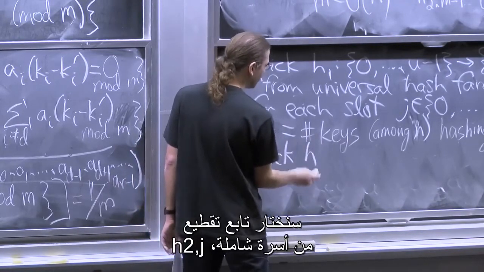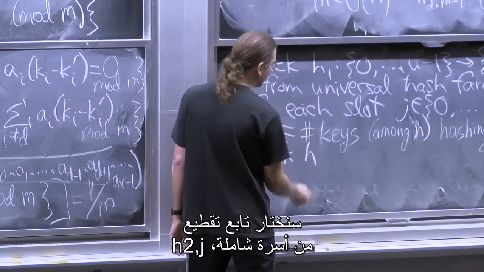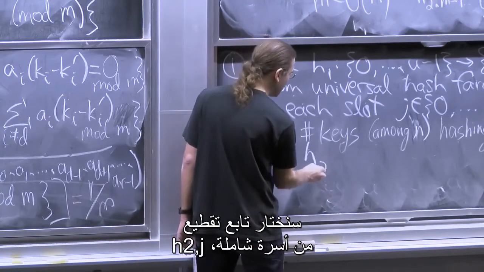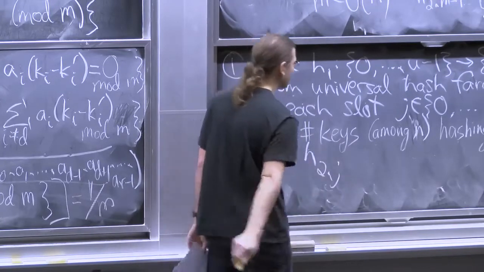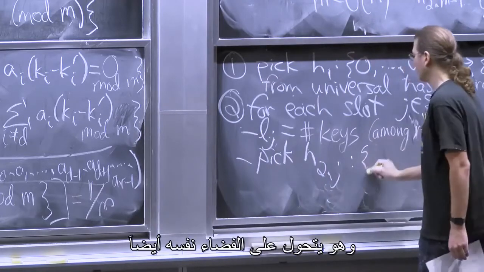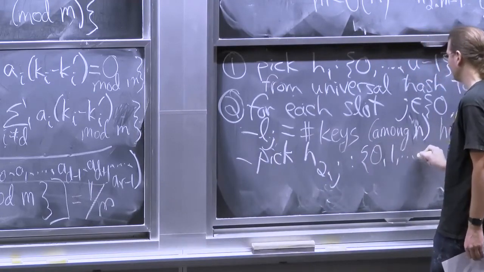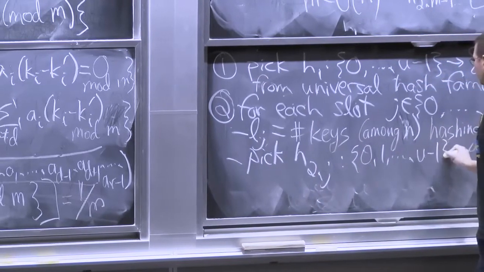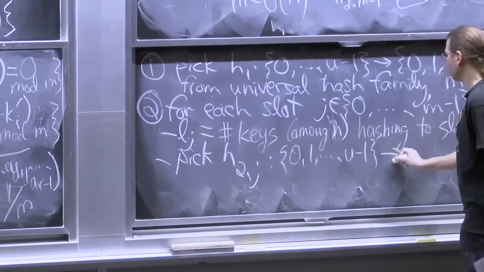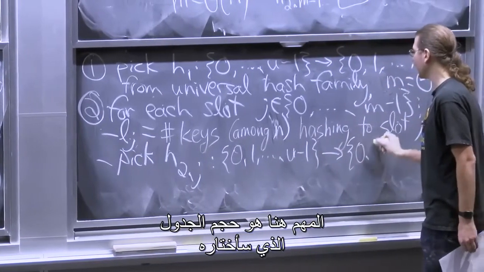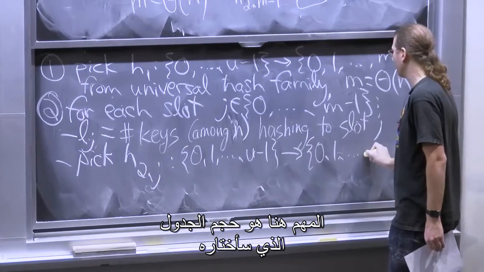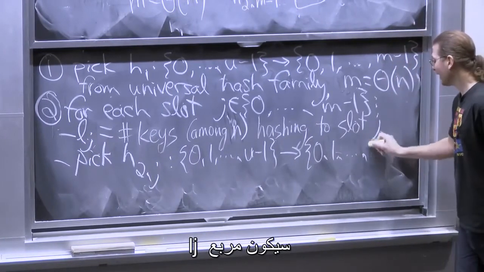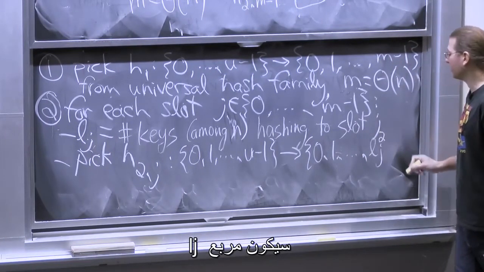We're going to pick a hash function from a universal family, h2,j. It again maps the same universe. The key thing is the size of the hash table I'm going to choose, which is Lj squared.